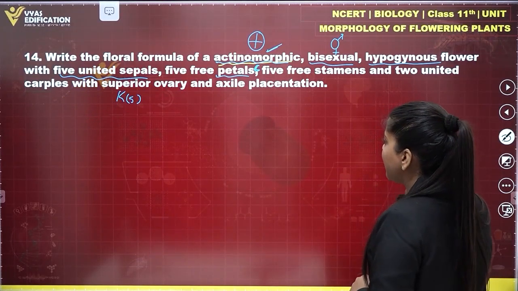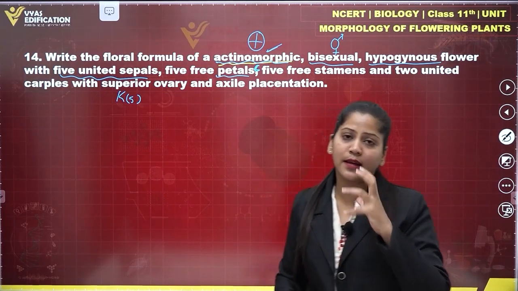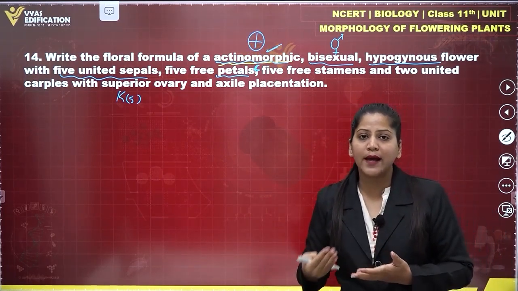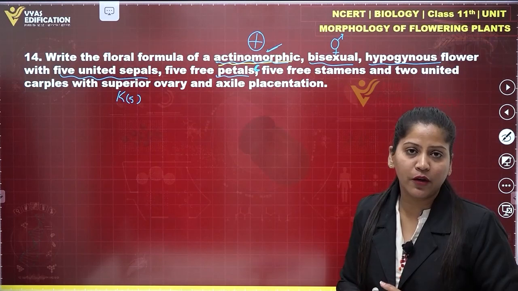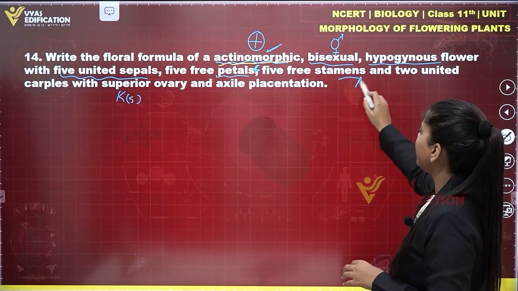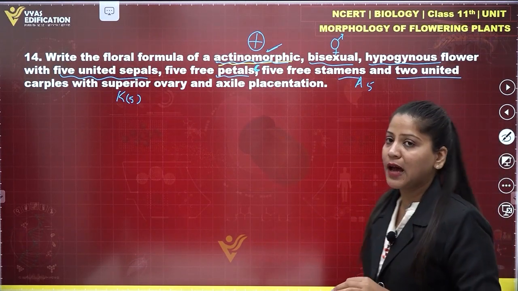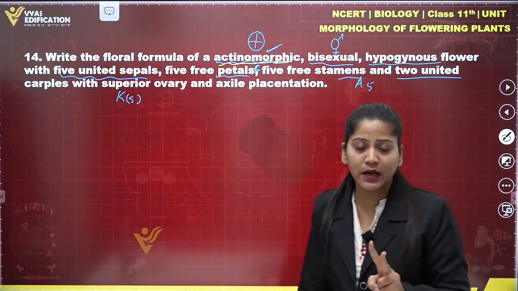Then we have 5 free stamens. Stamens are always represented as A because they are also known as androecium in flowering plants. So we have A, 5. Then we have 2 united carpels. That means the ovaries are 2 in number.